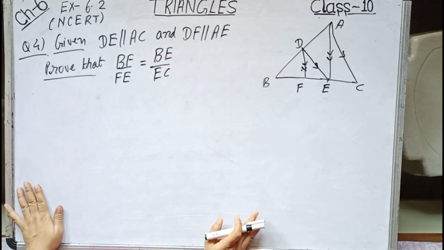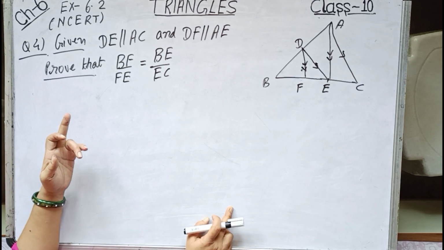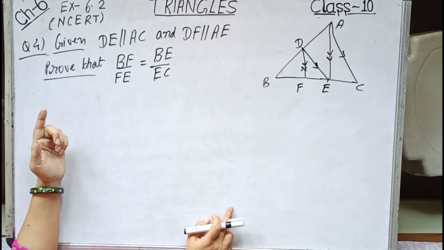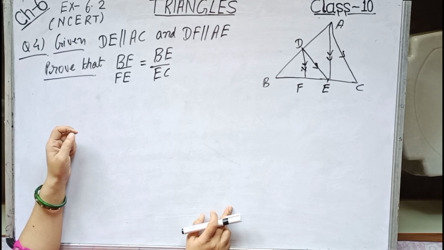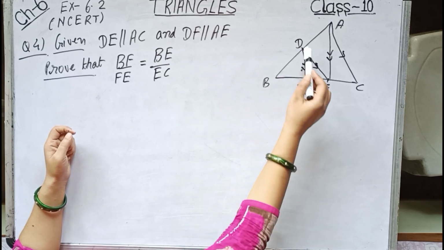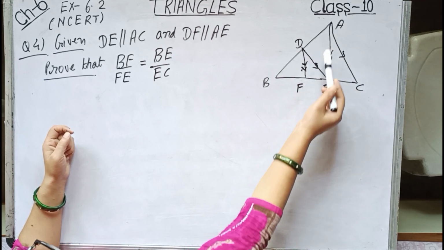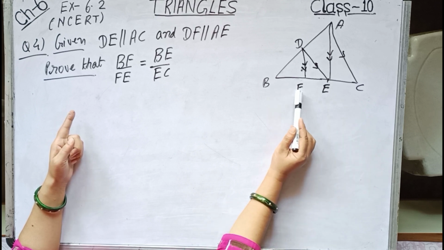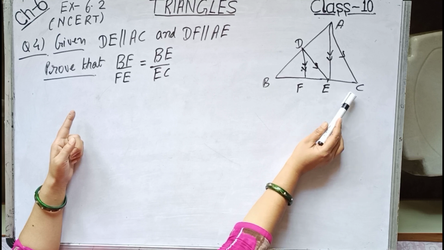Now sums based on BPT or Thales theorem. I have come to exercise 6.2 NCERT question number 4. It says that in a triangle ABC, if DE is parallel to AC and DF is parallel to AE, prove that BF by FE equals BE by EC.